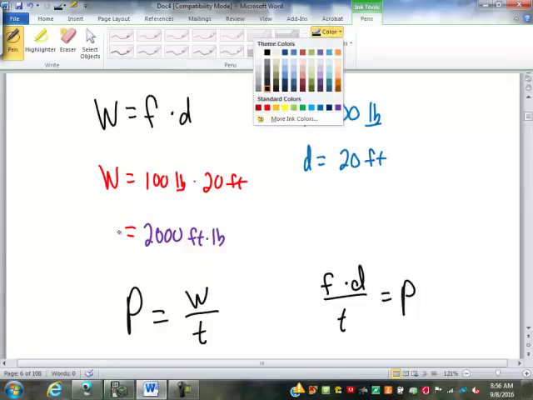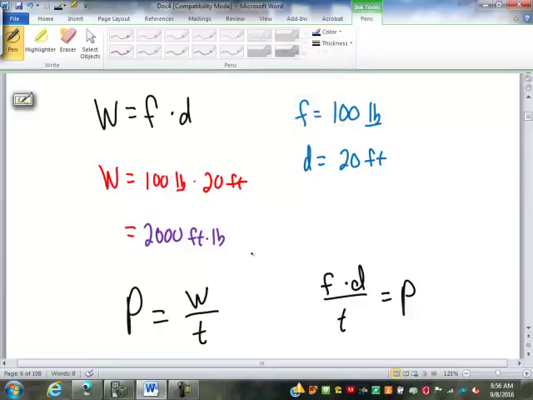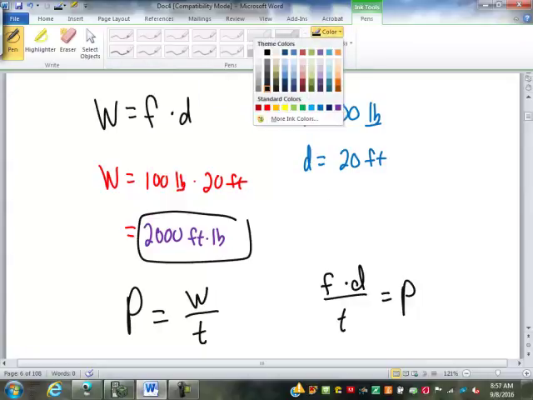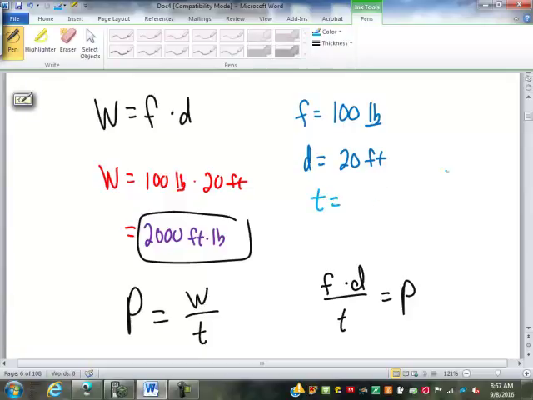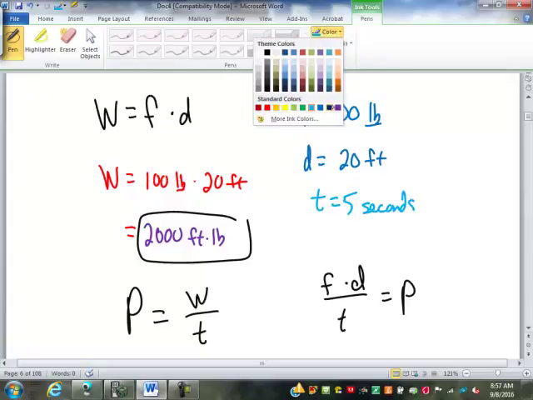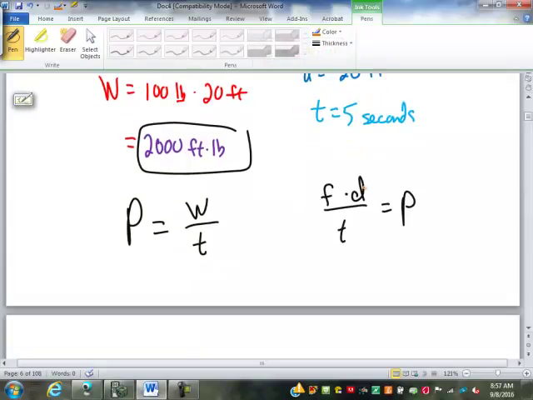So let's say that this one up here, that 2,000 foot-pounds, that 100 pounds over 20 feet, we could do that in a time of 5 seconds. So the power produced there is our work of 2,000 foot-pounds divided by 5 seconds.